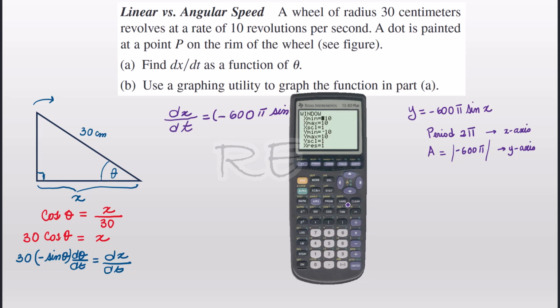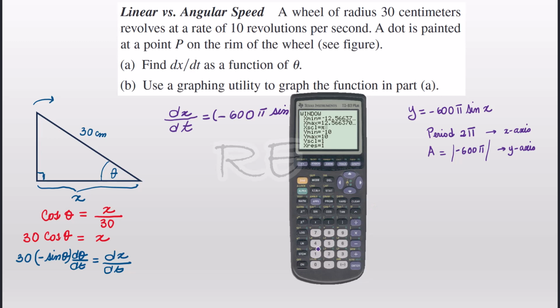So the x minimum should be negative 4 pi, two periods to the left. As soon as I move away from it, it converts it into a decimal. And we'll choose 4 pi for the x maximum. Now the scale will be one of the markers that we use the most in trigonometry, pi over 4.